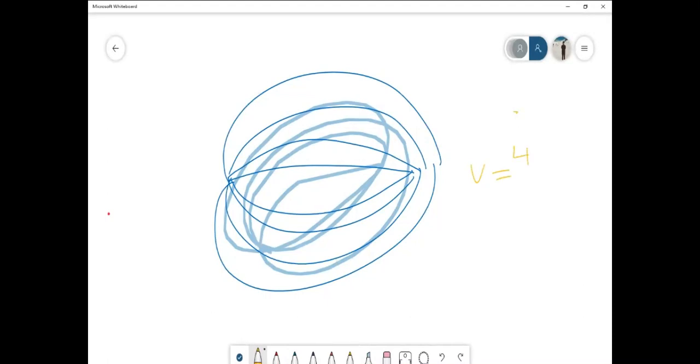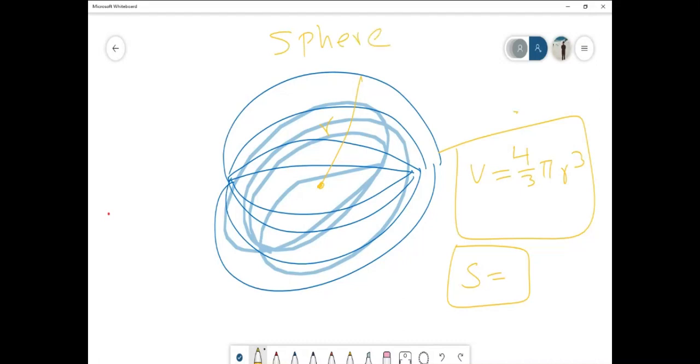And to find the volume, the volume is equal to 4/3 pi r cubed. From here to here, this is r, and the volume V is equal to 4/3 pi r cubed. And the surface area, I don't remember this. You may look it up in a book. Yes, it's a sphere, like a ball.